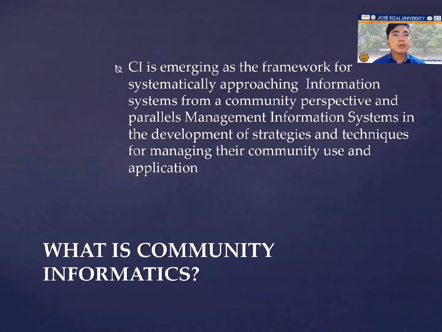It is formally located as an academic discipline within a variety of academic faculties, including information science, information system, computer science, planning development studies, and library science, among others, and draws in insight on community development from a range of backgrounds and disciplines.